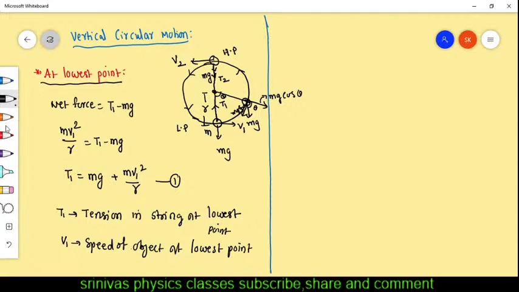Now, here we got T1. At the highest point also I want to find out the tension. At the highest point, what is the tension? If you want that, you have to find out the net force. T2 is the tension at the highest point.